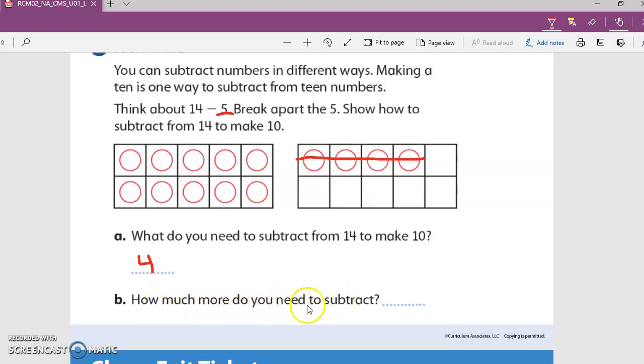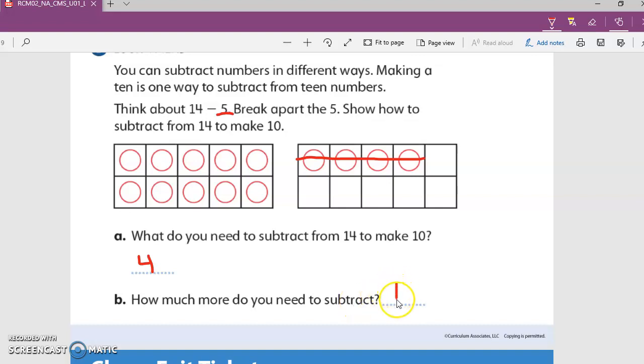How much more do you need to subtract? So our problem was not 14 minus 4. Our problem is 14 minus 5. I subtracted 4 already, so how many more do I need to subtract? What do you think first before I tell you the answer? Did you say 1?